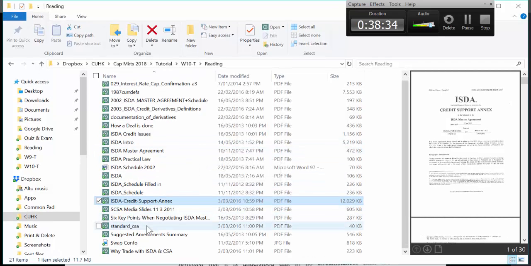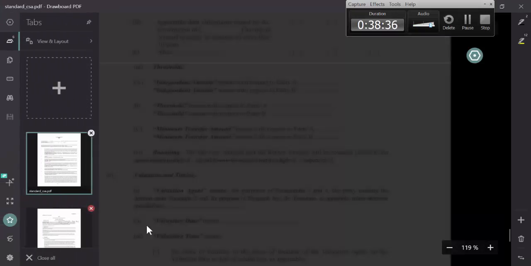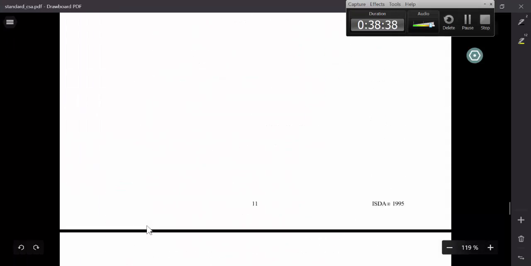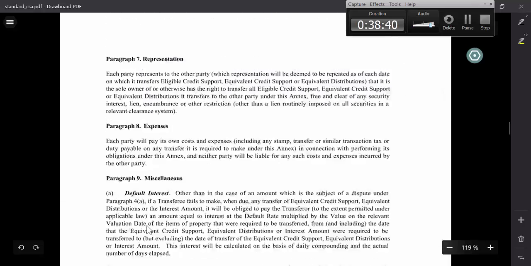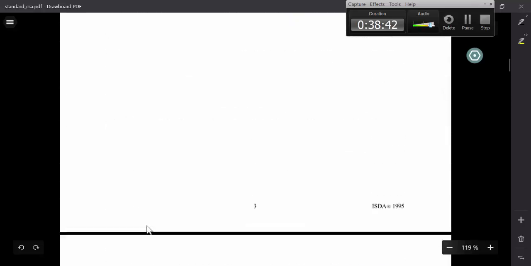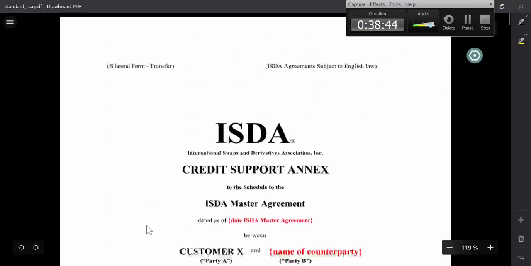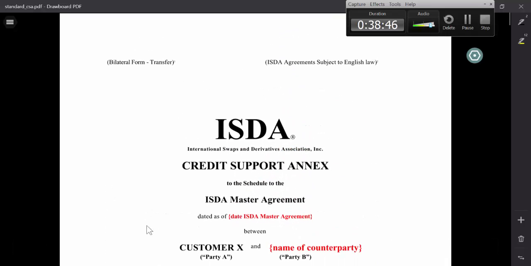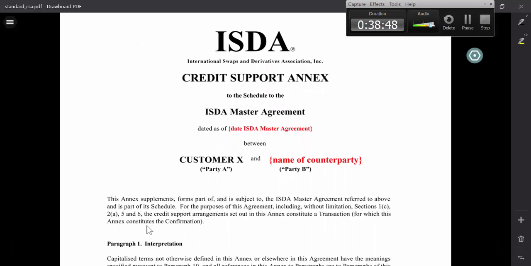Standard CSA. Okay, this one's easier to read. This one is not filled in, but it's actually the same document, but it's a template. So you just put here JP Morgan, and then on the other side you will put GE Capital.